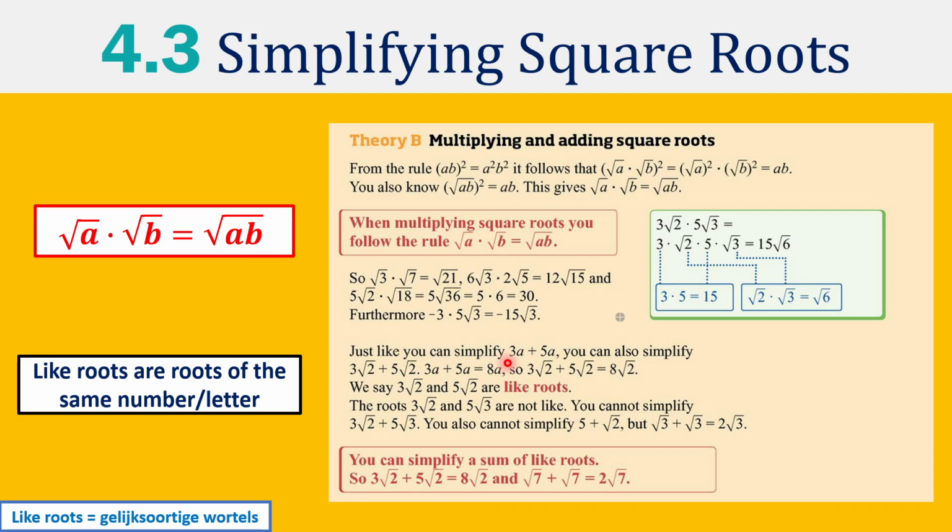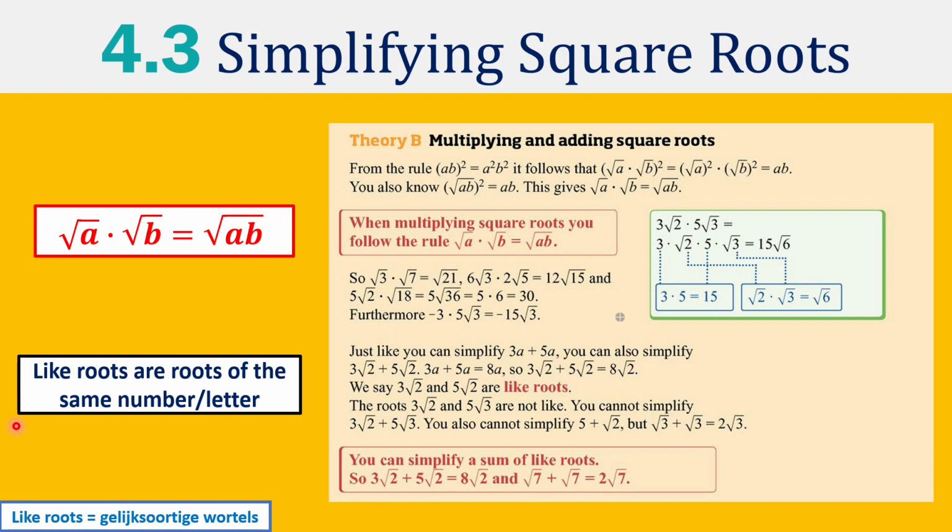Just like you can simplify 3a plus 5a, you can also simplify 3 root 2 plus 5 root 2. 3a plus 5a is 8a, so they say 3 root 2 plus 5 root 2 is 8 root 2. We say 3 root 2 and 5 root 2 are like roots. They introduce you to the concept of like roots, and they give you an example, but they don't give you a definition.